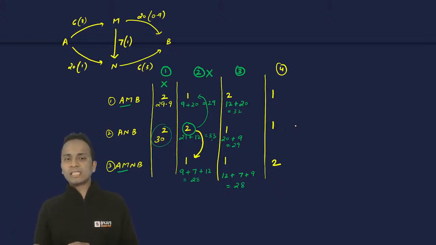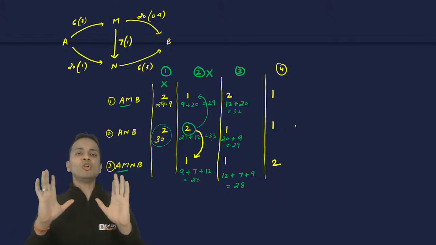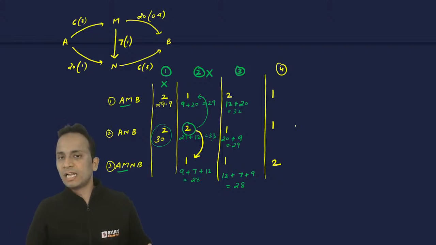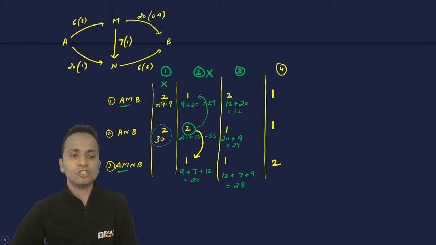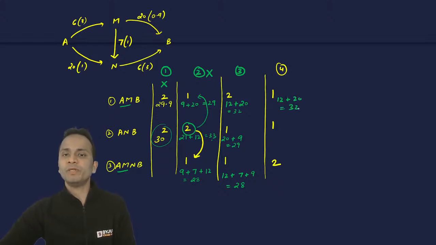Okay, so two cars are traveling from the new route, and from the original two routes only one car is traveling from each of these routes. Now let's find out the time taken by each of these cars. Now from AM there are 3 cars, they will take 12 minutes, plus MB there is only one car, it will take 20 minutes, so total 32 minutes from here.